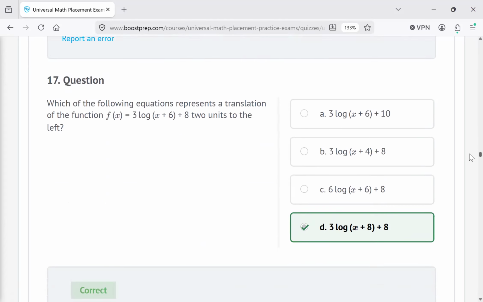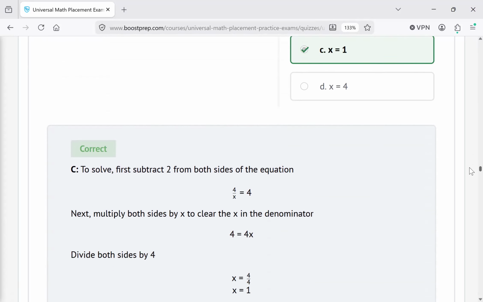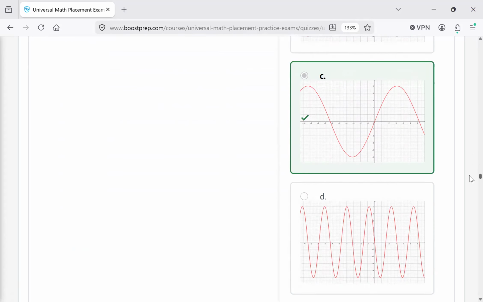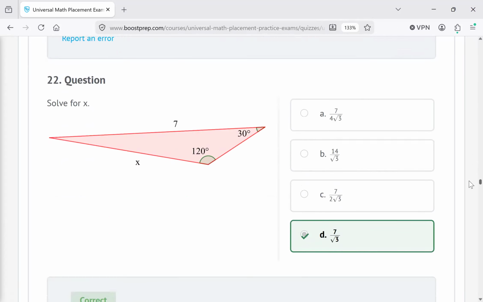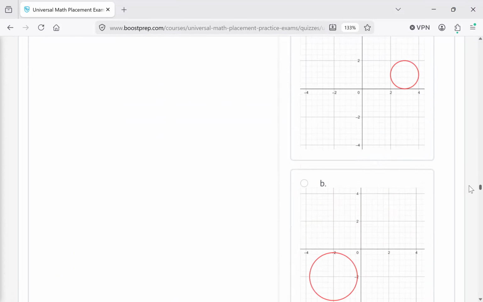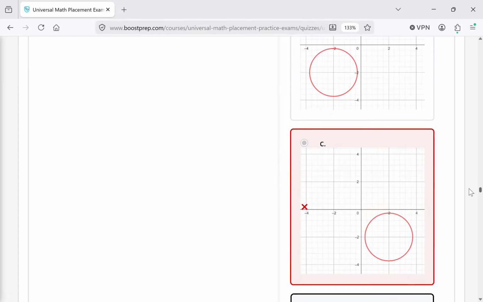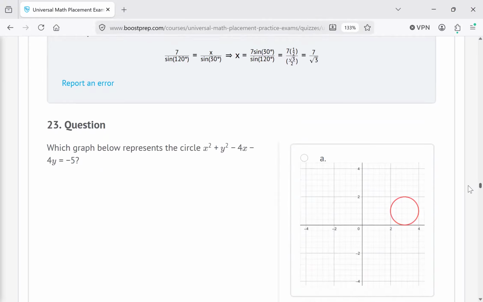What about that? Oh, it's 23. That's messed up. Let's see.